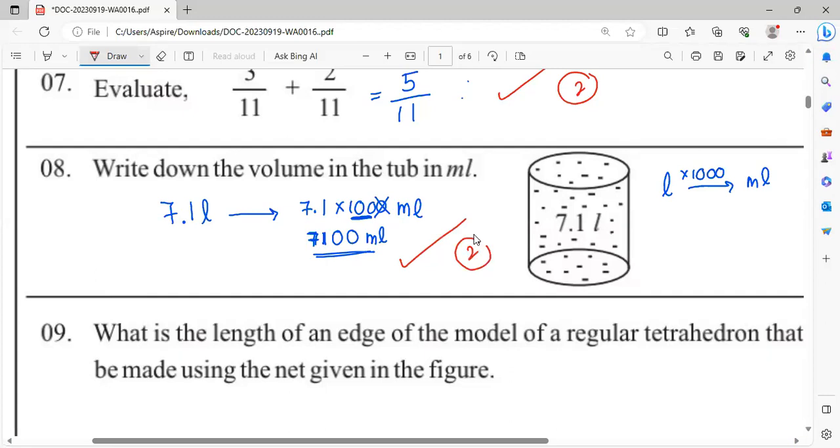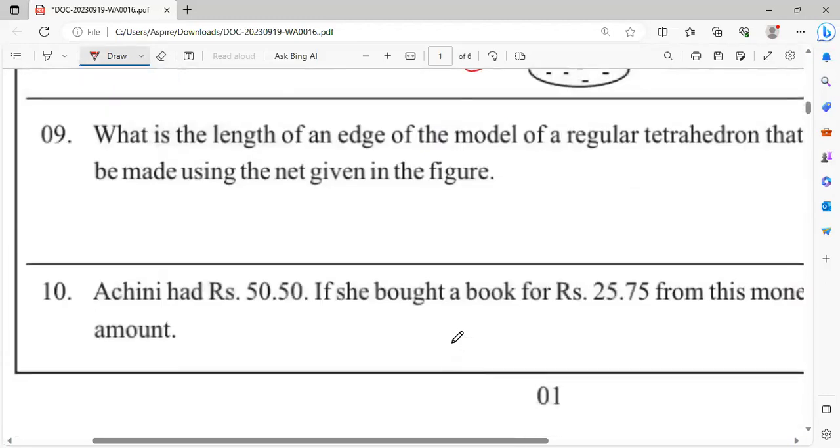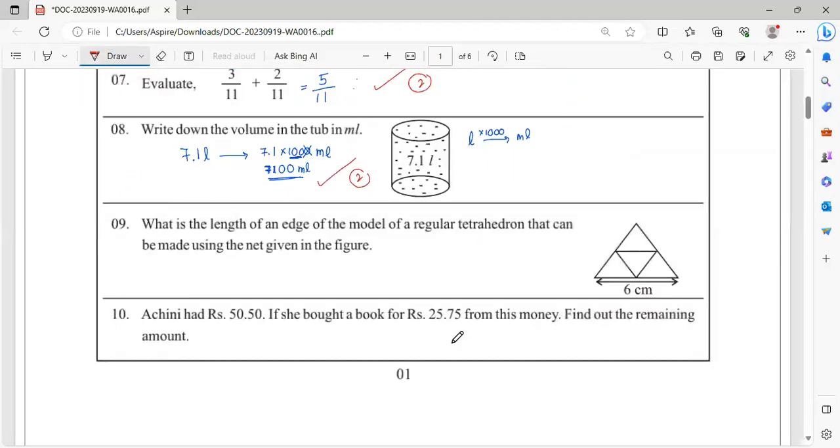Okay, ninth one. What is the length of an edge of the model of a regular tetrahedron that can be made using the net given in the figure? Okay, this is a net which can be used to make a solid object called a tetrahedron.